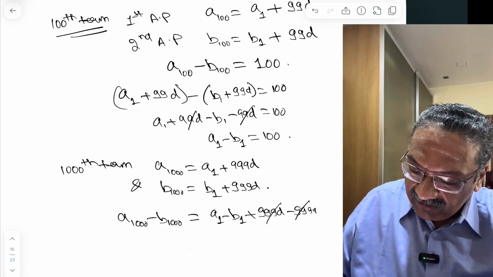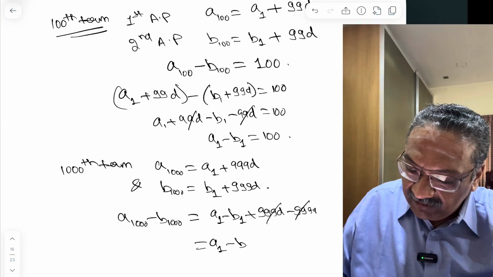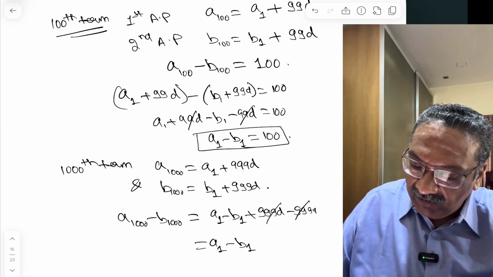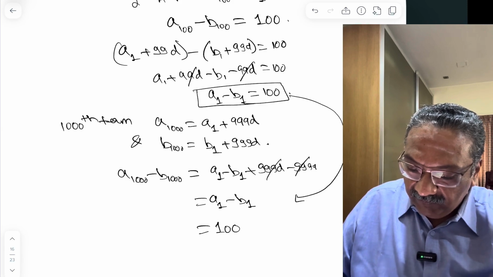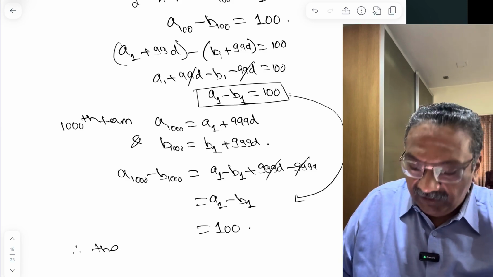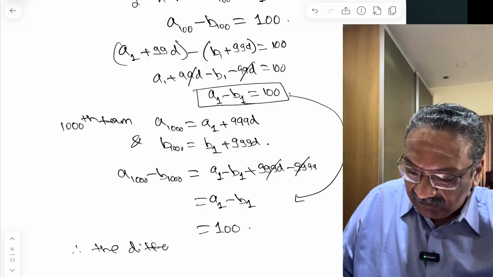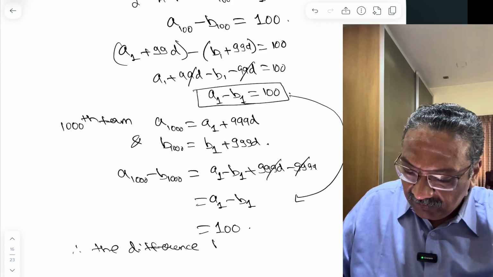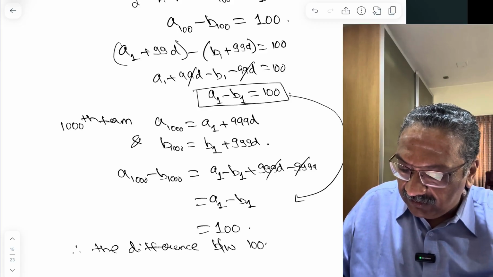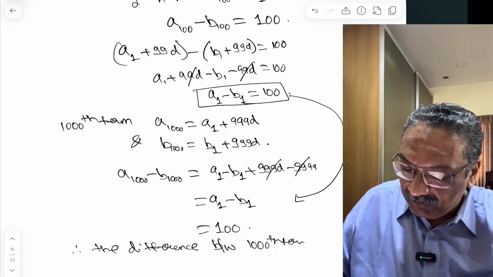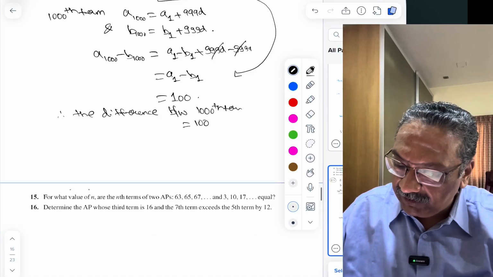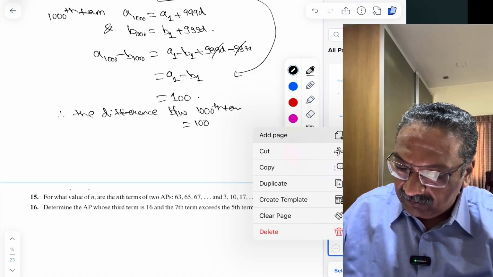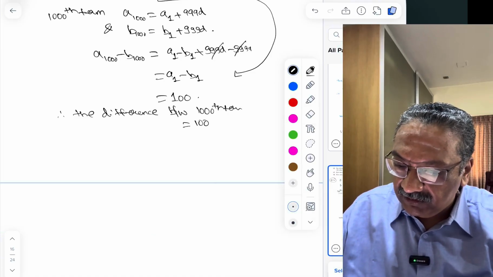These two cancel, so it is equal to A1 minus B1. But we have A1 minus B1 is equal to 100. Therefore, the difference between the 1000th terms is also equal to 100 only. Okay, so this is a good MCQ type question.